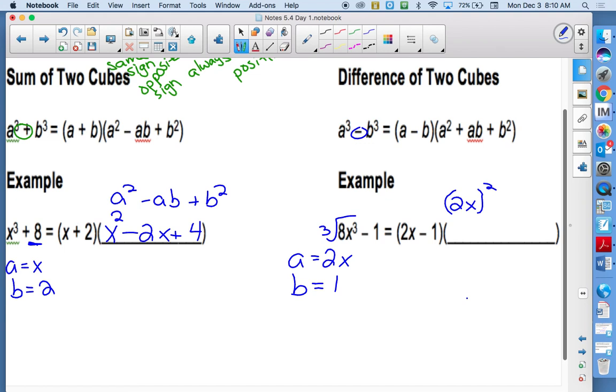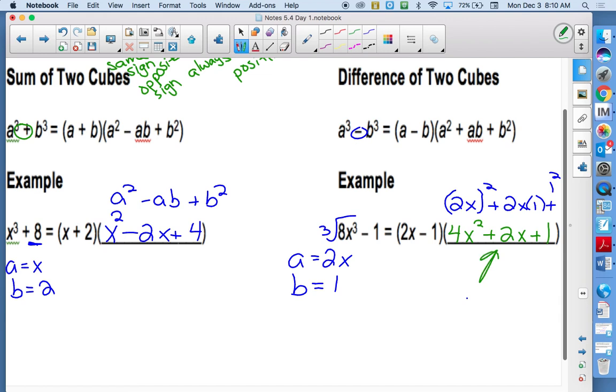And the next one is opposite, so the addition sign is the opposite of the subtraction sign. We need to take 2x times 1, and then always positive would be 1 squared. I just plug the things into the formula so you can see how it works. When you square 2x, that becomes 4x squared. And then I have opposite, which is positive. 2x times 1 is just 2x, and then plus 1.